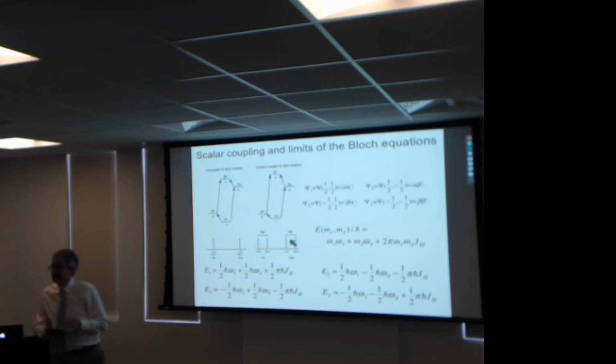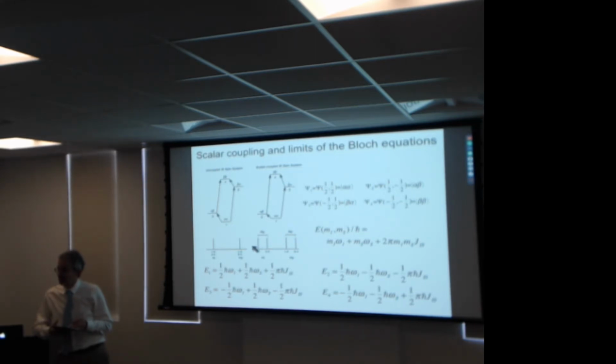In essence, if we take a simple case, suppose we have an amide hydrogen, and it's connected to a nitrogen 15. So if this is the hydrogen spectrum, then the energy is slightly different if the N15 is in the alpha state than if the N15 is in the beta state.